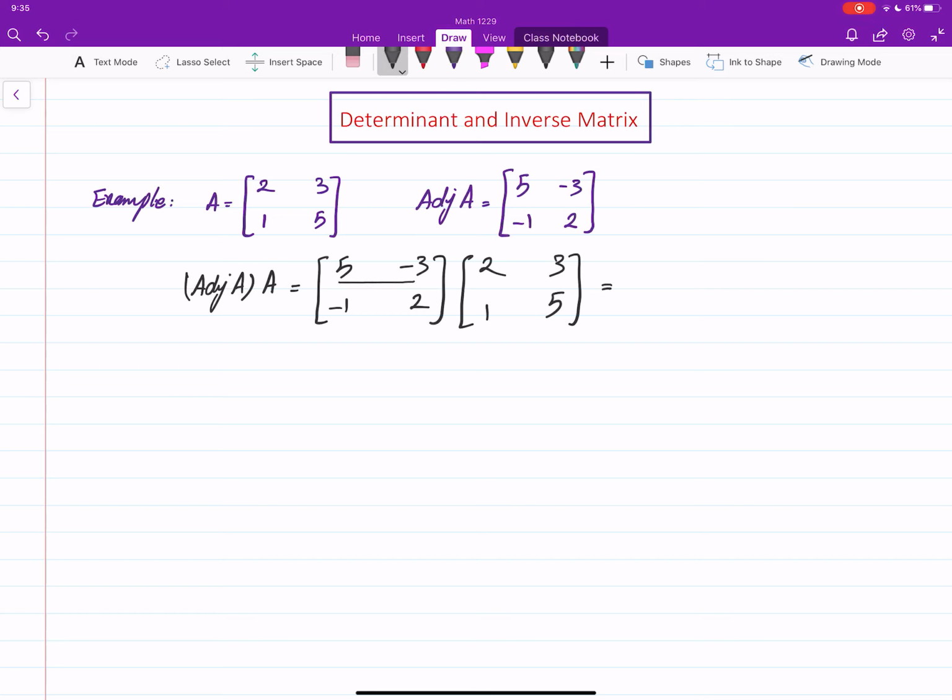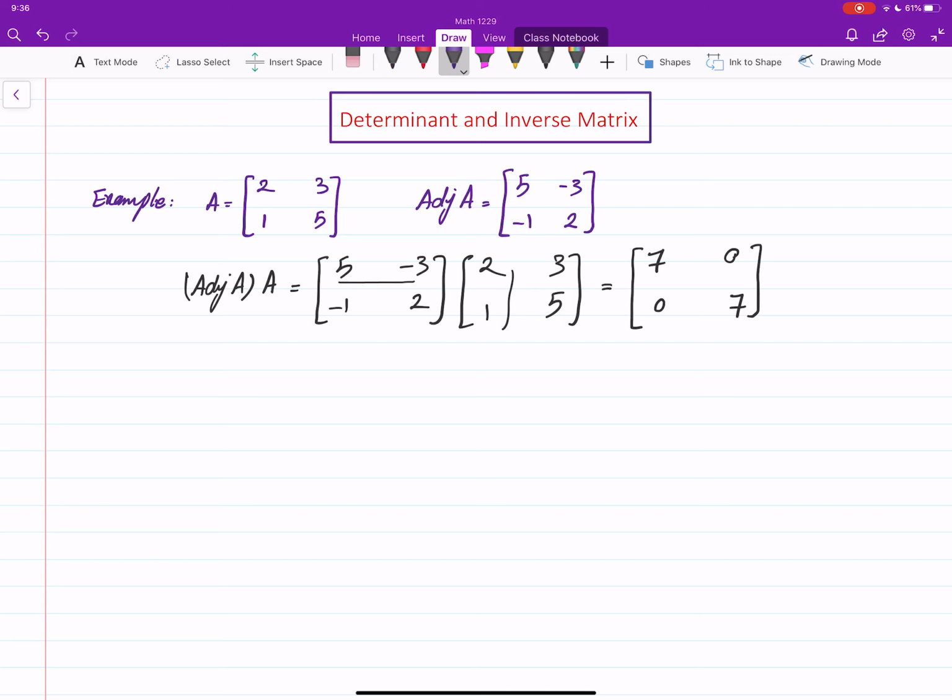The first entry will be 10 minus 3, which is 7. If we multiply, this will be 15 minus 15, which is 0. That will be negative 2 plus 2, which is 0 again. Negative 3 plus 10 is 7.